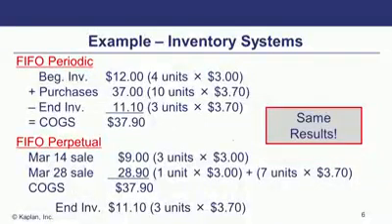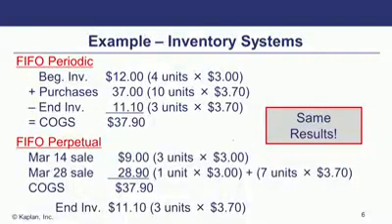Now 1 unit is going to be the oldest purchases, the beginning inventory, so 1 unit at $3. The remaining 7 units, of course, are coming from our purchases made on the 25th of March at $3.70. So 1 unit from the beginning inventory, and of course that's eliminated all our beginning inventory now, 7 units at $3.70.